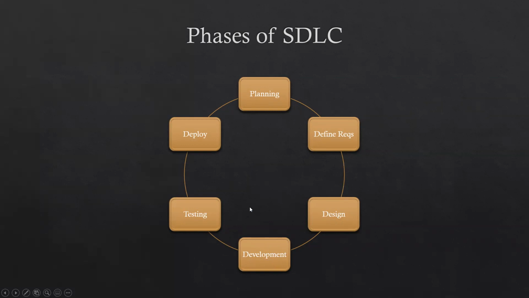Once the product is developed, the testing phase will start by the quality engineers, and finally the release phase will happen, which is the deployment on the customer environment. And there's another additional phase other than these, so I'll mention that later. Now let's see one by one what these phases actually do.